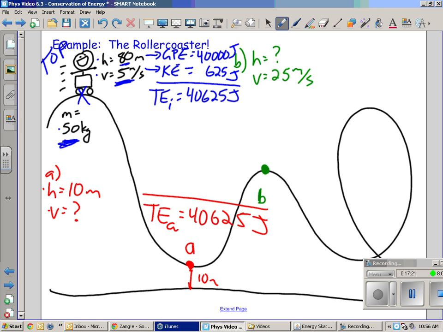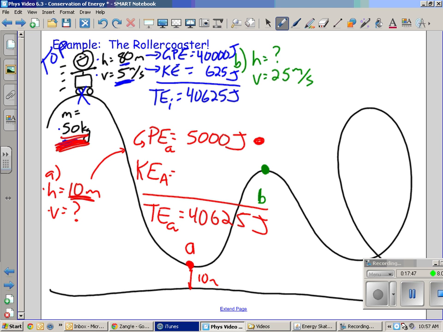So what else do I know at point A? Well, at point A, I know the height, so I can use that to find my GPE by doing mass times acceleration of gravity times height. That's going to give me 5,000 joules. So if I know my GPE at point A and my TE at point A, I should be able to find my kinetic energy at point A, right? Because they have to add up. So we're saying 5,000 plus what equals 40,625?